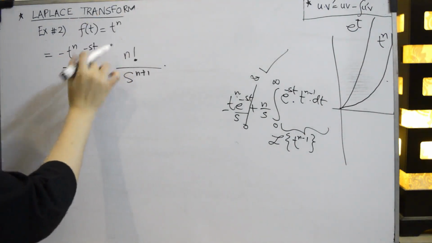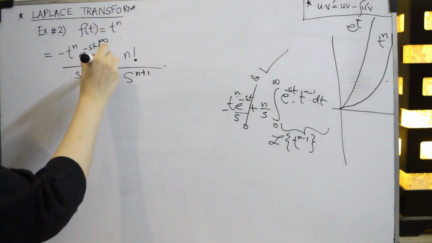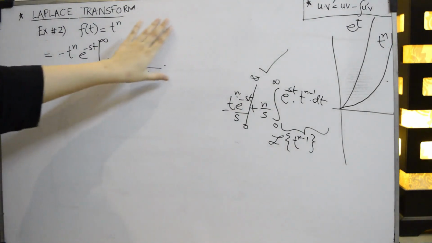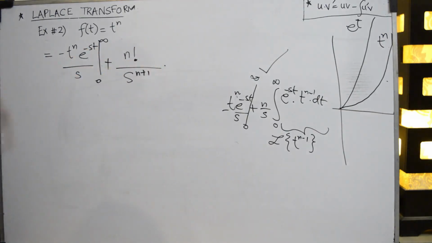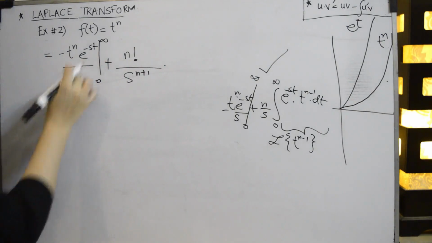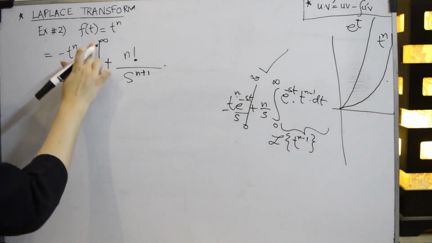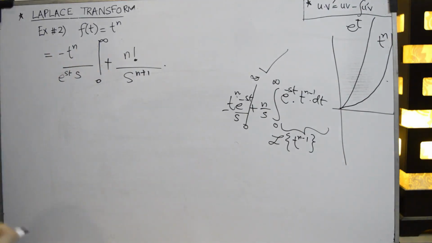Now we come to solve the limits of integration. By using the upper limit and lower limit, these two terms vanish and we are left with this term. So apply upper limit minus lower limit. I have to transform this e to the power st into the denominator to avoid the infinity, but we cannot avoid it here.